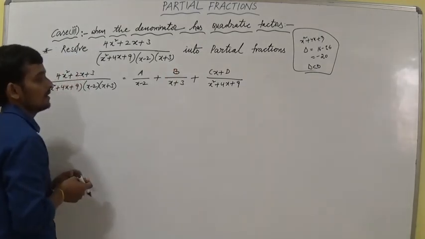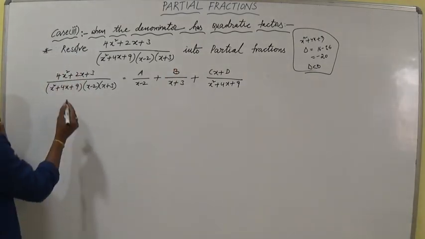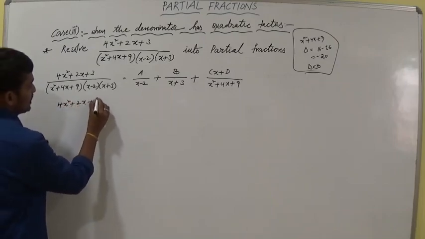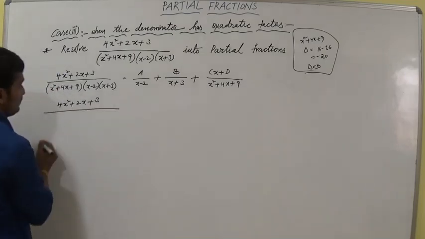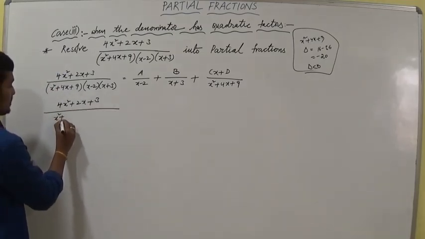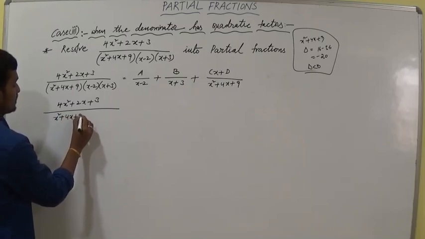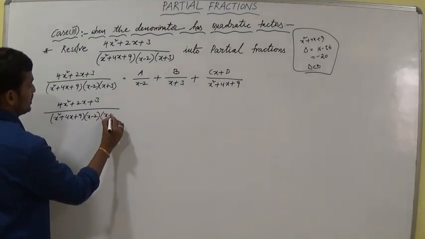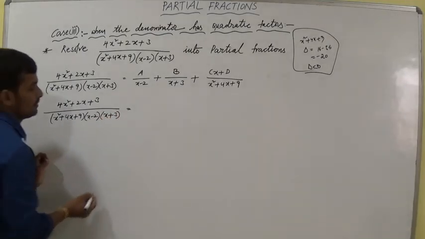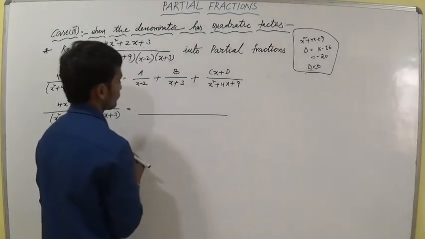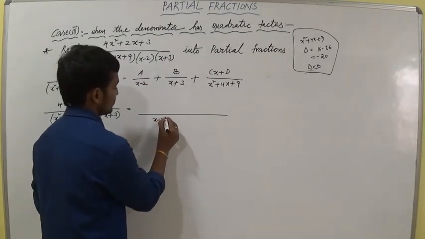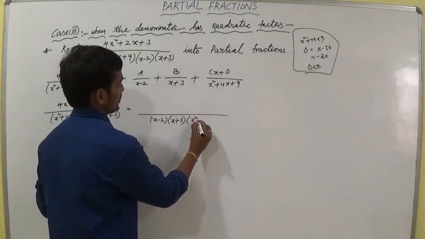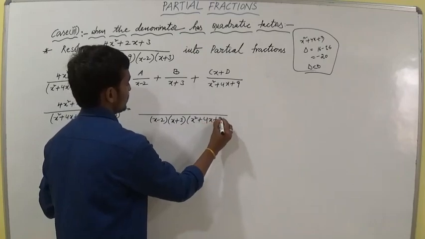Concentrate. Find the LCM of the denominators here. 4x square plus 2x plus 3 by x square plus 4x plus 9 into x minus 2 into x plus 3 is equal to, the LCM is x minus 2 into x plus 3 into x square plus 4x plus 9.